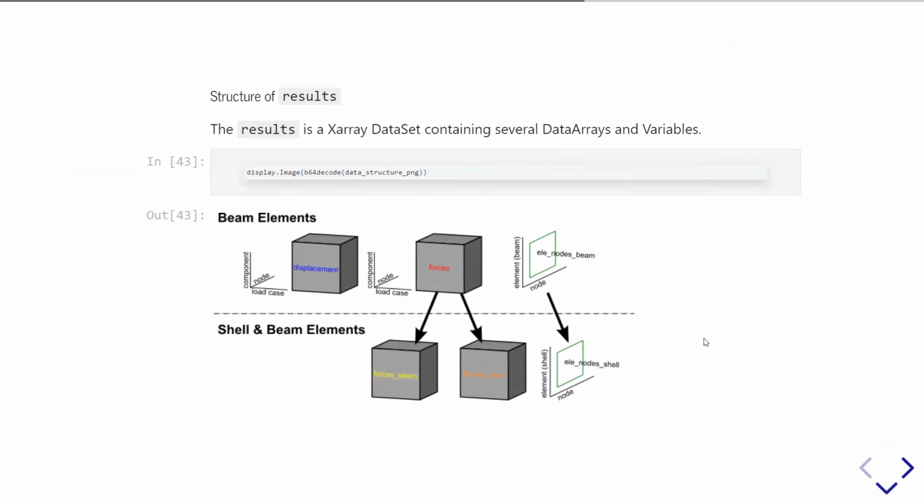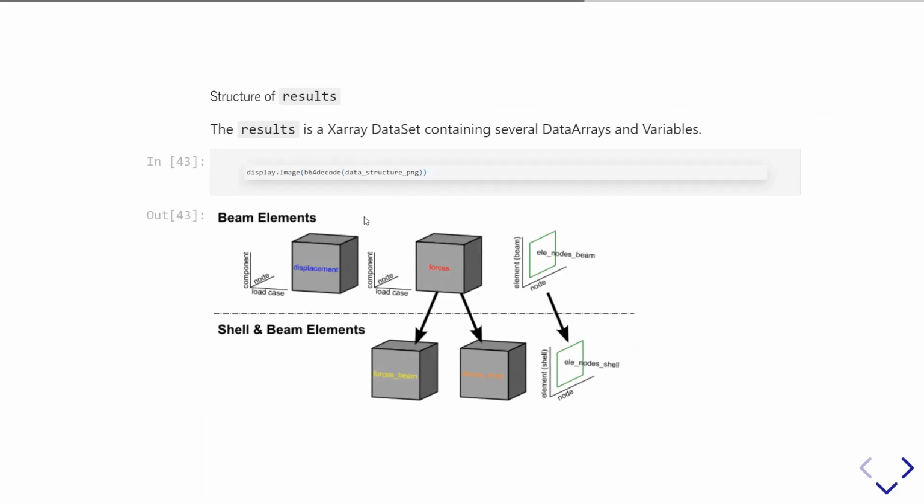This is something to know about our result structure. Earlier I mentioned that the displacement will be stored as a data array inside the displacement array, and then the forces separately will be stored inside a force data array. The reason being that they have different dimensions, because displacement is read off nodes and forces are read off elements.